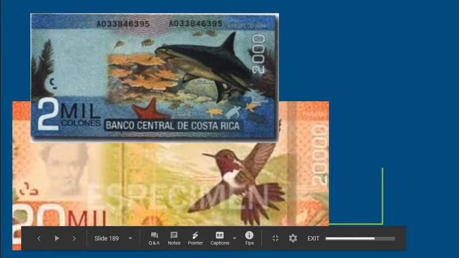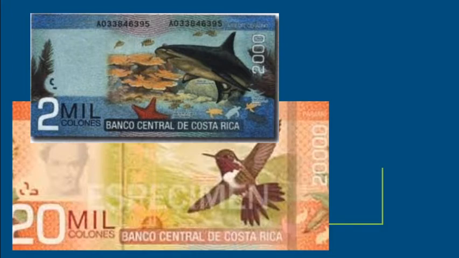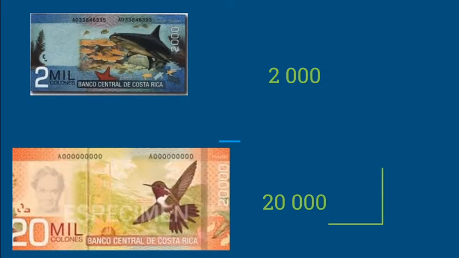You can see here we have two bills. You recognize them? Those are the bills of Costa Rica, right? We have the 2,000 colon and we have the 20,000 colon, right? Now, they're very different in denomination, and you'll probably recognize that one is much more than the other, right?